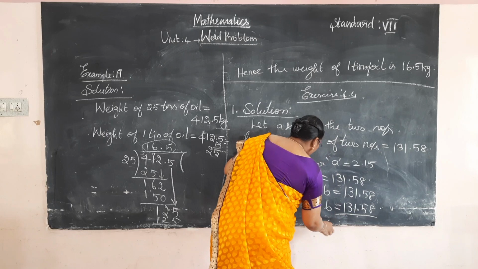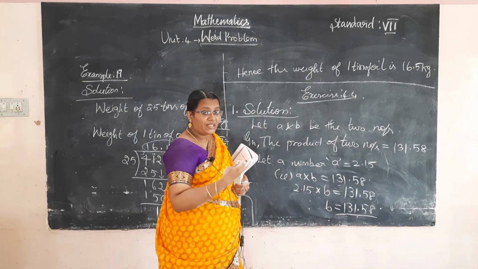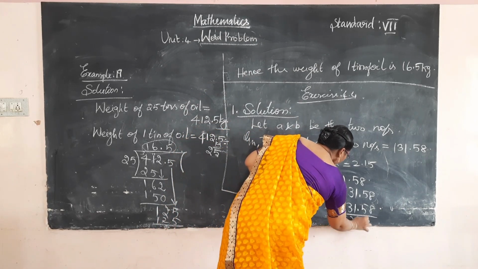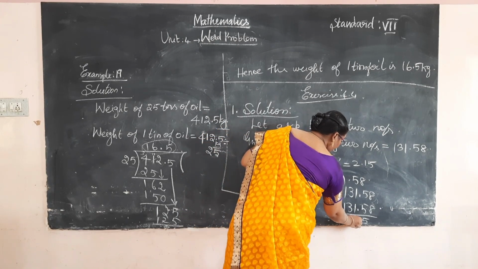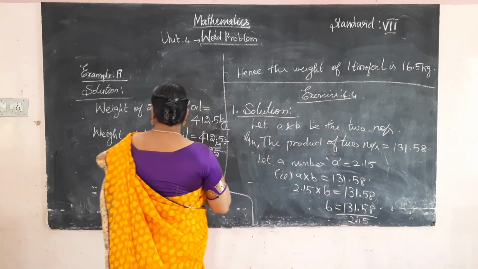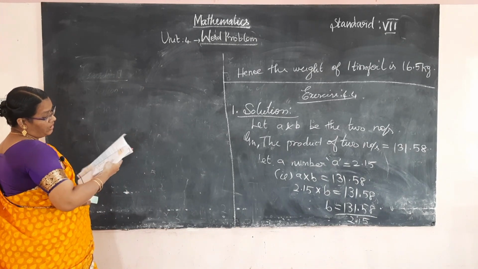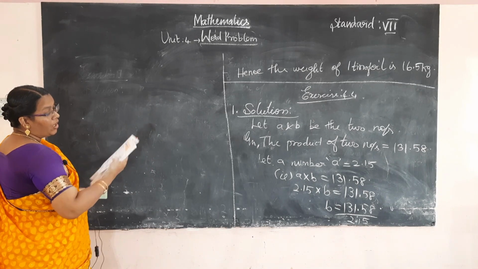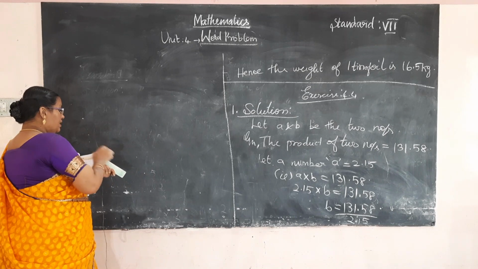So B is equal to 131.58 divided by 2.15, since the product moves to that side by the transpose method, as division. See the fraction: the numerator and denominator have how many decimal places? 2 decimal places.